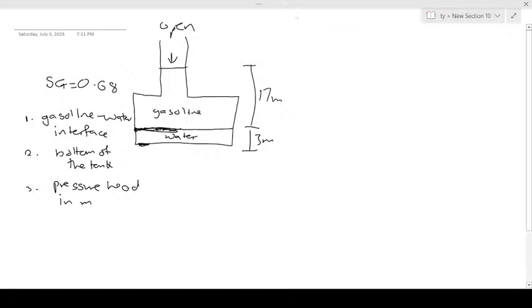So first, we find the pressure at the gasoline-water interface, which is equal to rho of gasoline times H plus P naught.